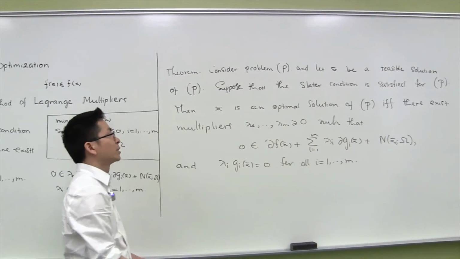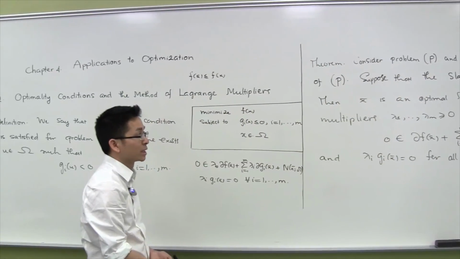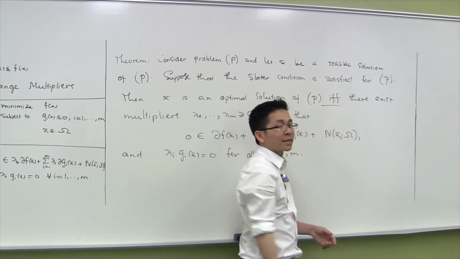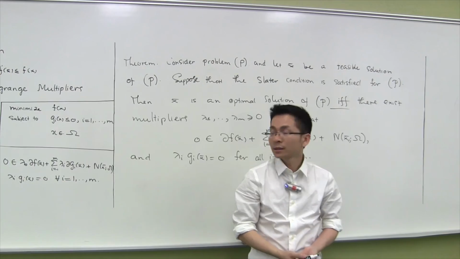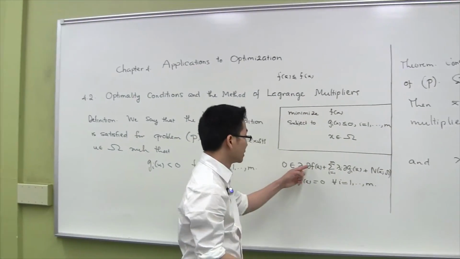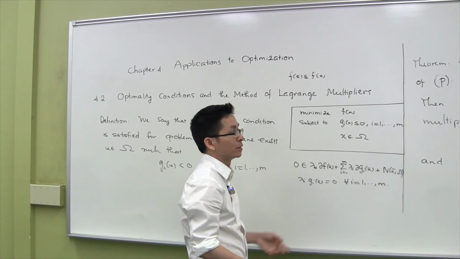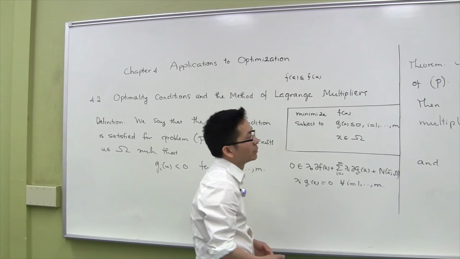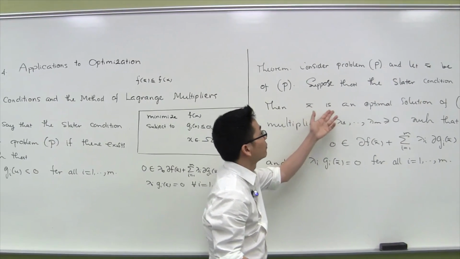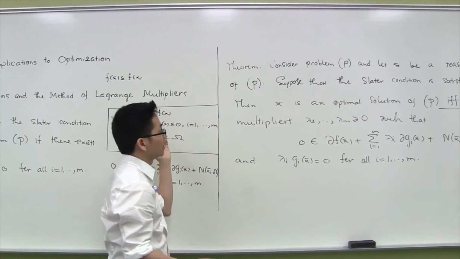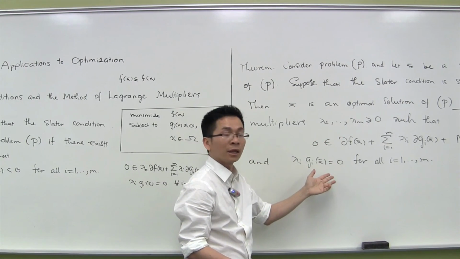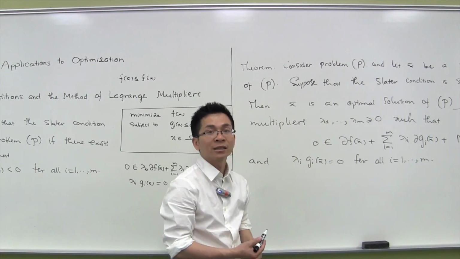Okay, so there are two differences in this theorem. First of all, this is a necessary and sufficient condition, and at the same time, we can assume that lambda naught is equal to 1 in this inclusion. So this theorem is very important in the sense that in order to solve this optimization problem, we only need to solve this inclusion under the complementarity condition.